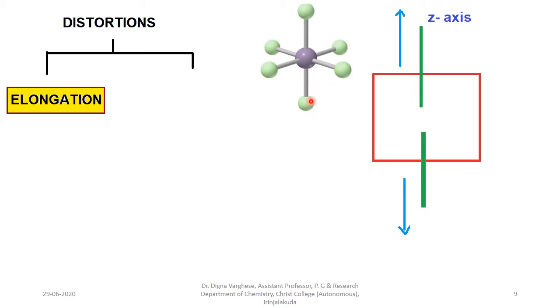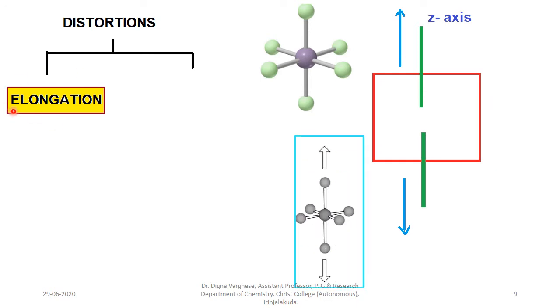So the bond length of the ML on the positive side of the z-axis, above the plane of this ML4 system, and below the plane of this ML4 system, increases by the elongation of the z-axis. That means elongation occurs here.